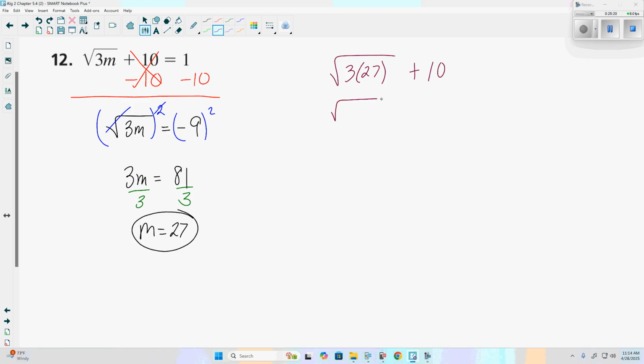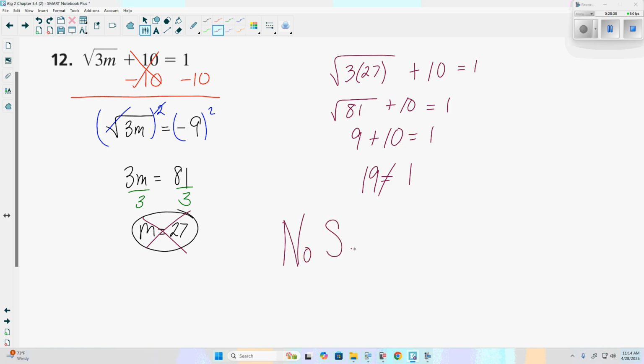Well, 3 times 27 is 81. Square root of 81 is 9. 9 plus 10 is 19. And we were saying that this equation had to equal 1. No solution.